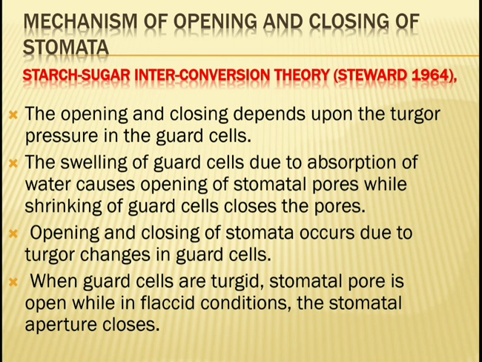While because of exosmosis, the guard cell becomes flaccid and stomata remain closed. So the turgor pressure is responsible for the opening and closing of stomata. This theory was proposed by Stewarts in 1964, and is called the starch-sugar interconversion theory.